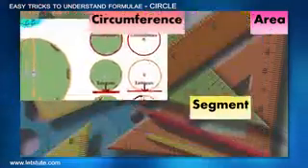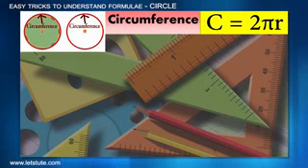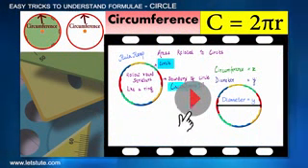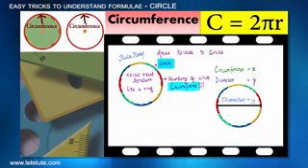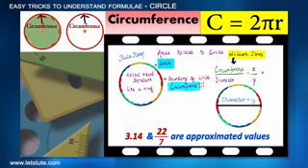So, here we start with the circumference. The circumference formula is C is equal to 2 pi r. But if you remember the video, then you will surely know from where the pi has come into the formula. The mathematicians found that the ratio of circumference and the diameter of a circle always came to a constant, that was 3.14 and so on.